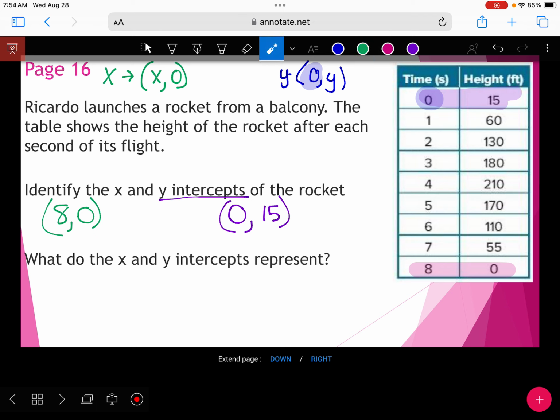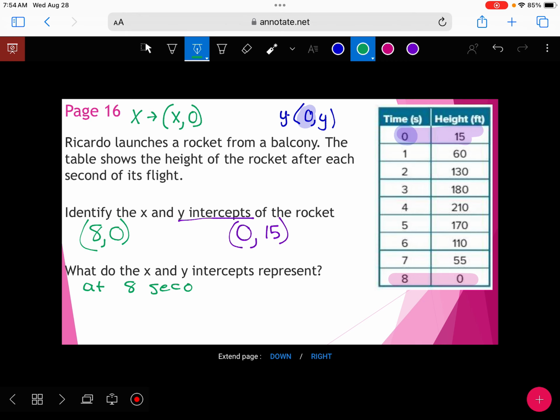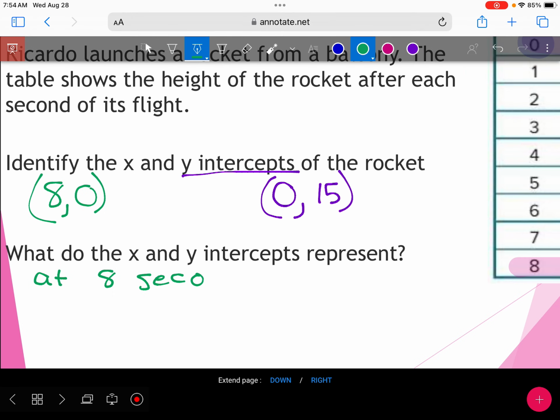At 8 seconds, my height is 0. So our x-intercept means at 8 seconds, or at 8 time, I do not even care if it's grammatically logical, like 8 time, height is 0.